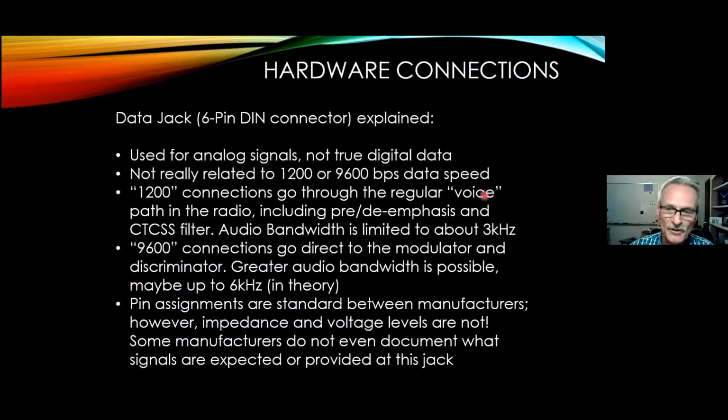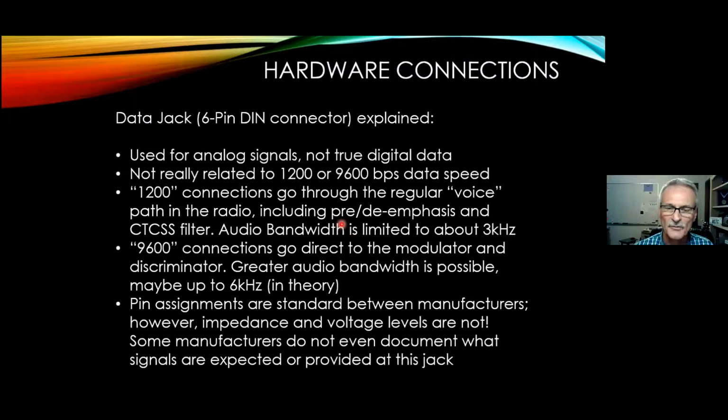This is really important. Kevin and I had a discussion today that a lot of folks really don't understand the pre-emphasis and de-emphasis that happens in a radio. When you're connected to the 1200 pin connections on that connector, or if you're using the microphone audio on your radio, you are going through the regular voice path through the radio, which includes pre-emphasis and de-emphasis, and possibly CTCSS filtering or tone filtering.